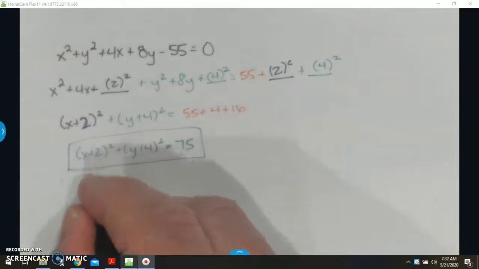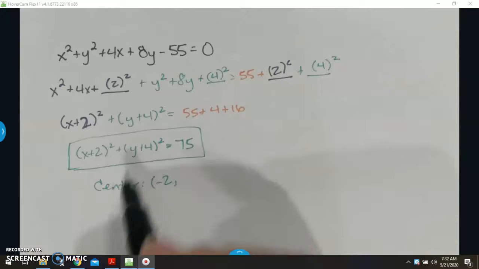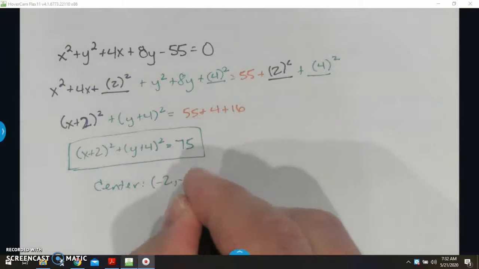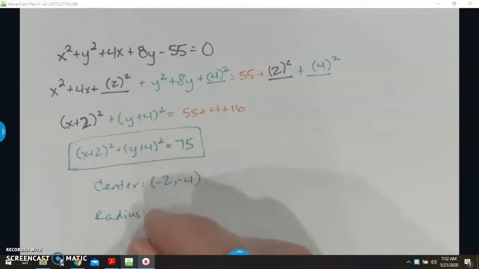The center will be at the opposite of 2, which is negative 2, and the opposite of 4, which is negative 4. The radius will be the square root of 75.